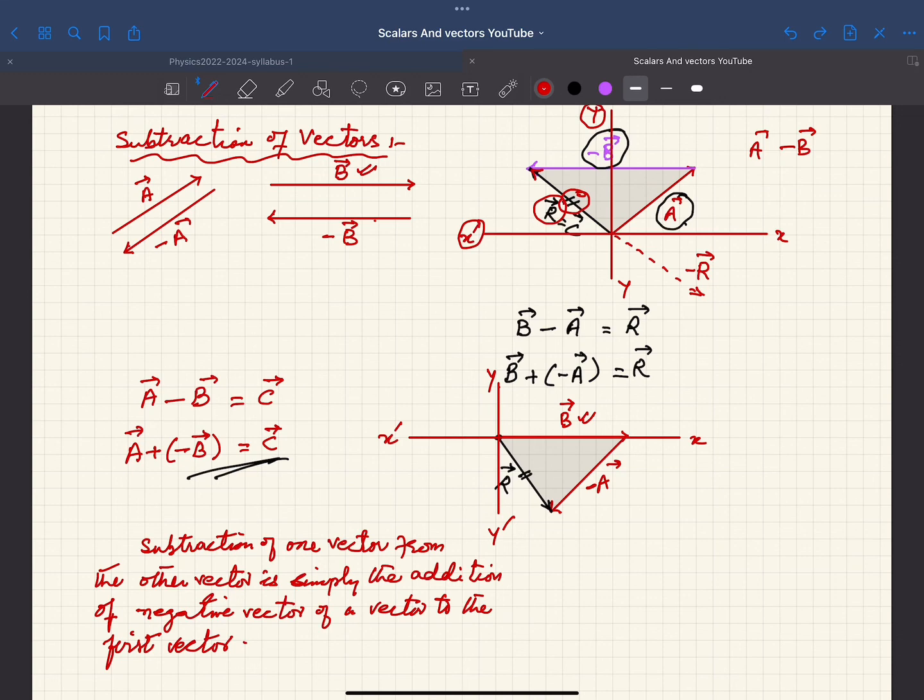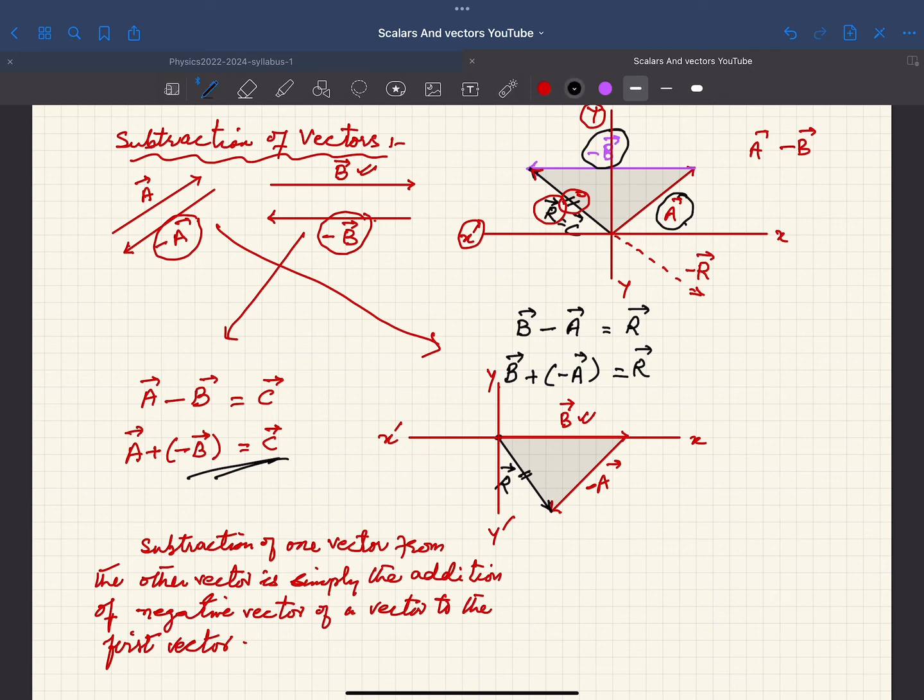Simple statement. When you are going to subtract a vector from the other, you have to first consider the negative of the second vector, like in this case, or the negative of the second vector in this case. Case 1 is here and case 2 is here.